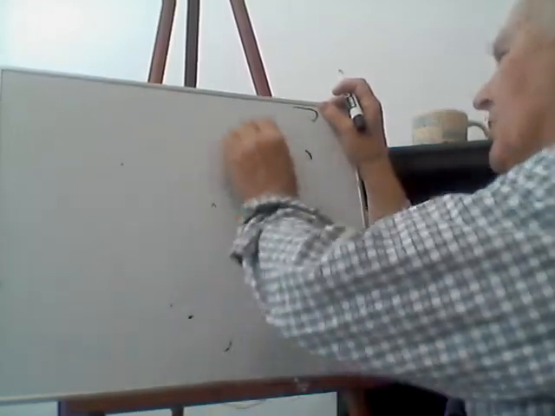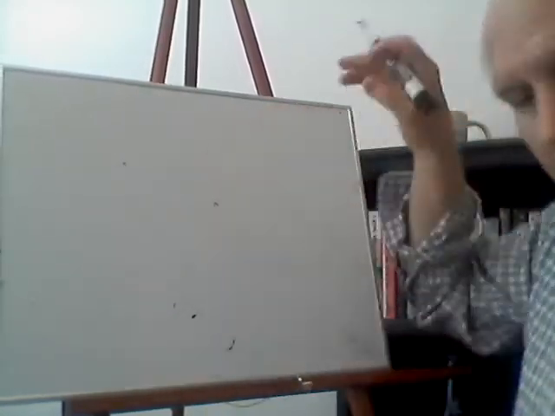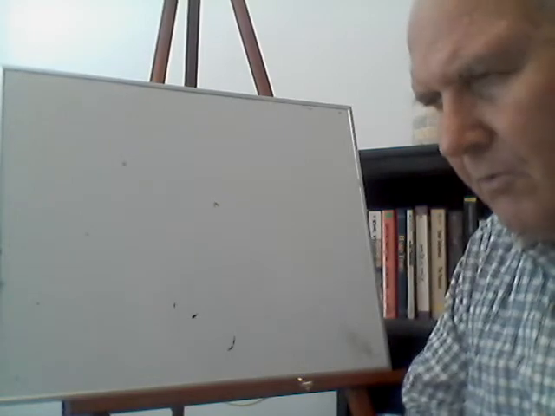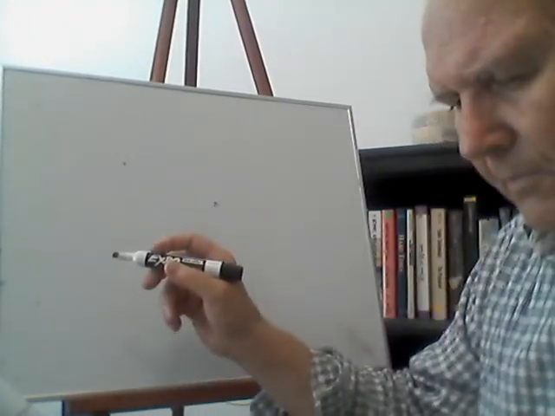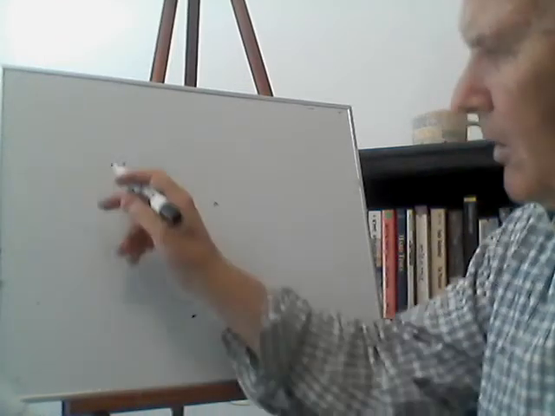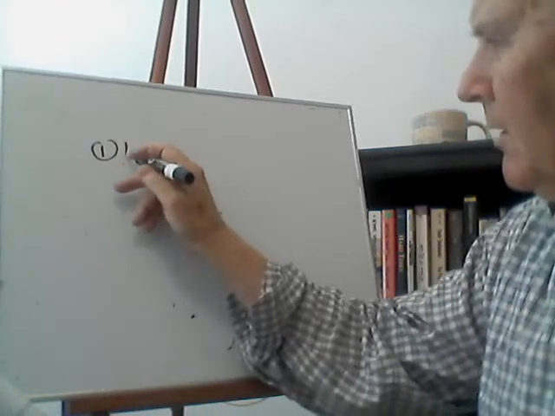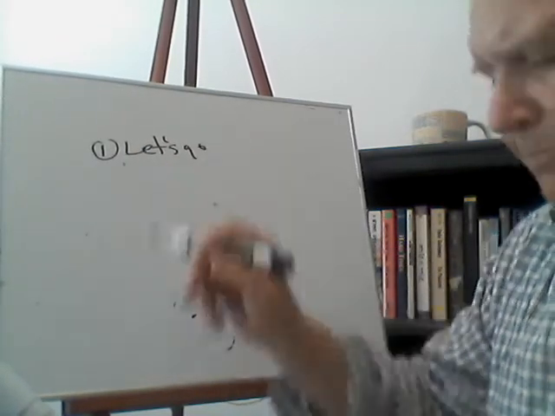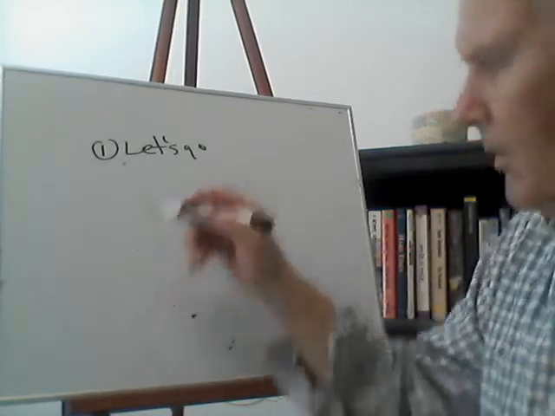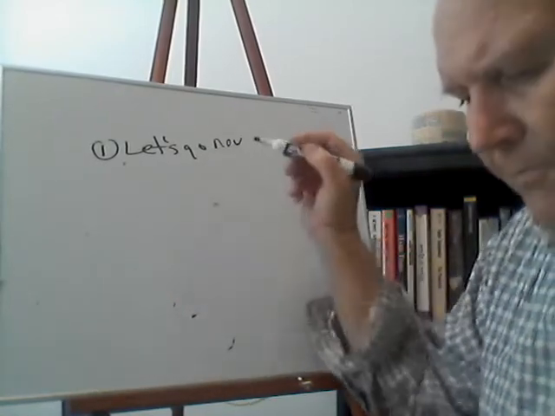Your book doesn't number them, so you have to do that. And then we'll diagram it after we number it. So statement 1: let's go now. So that's a very short one.